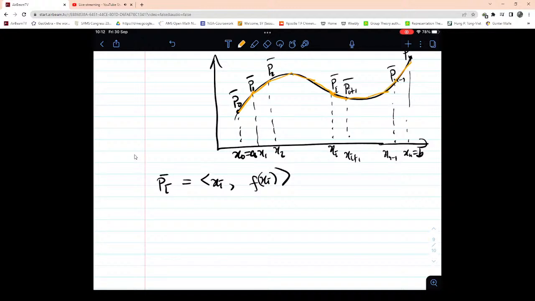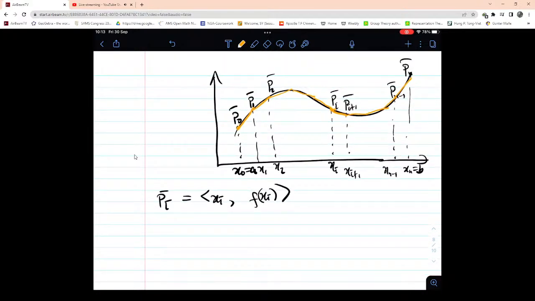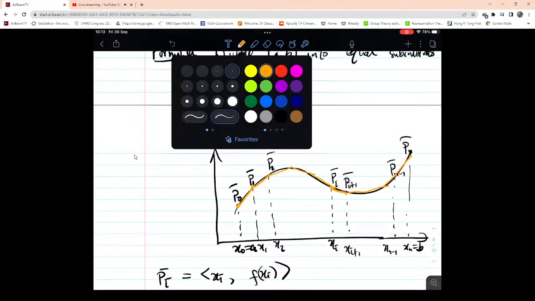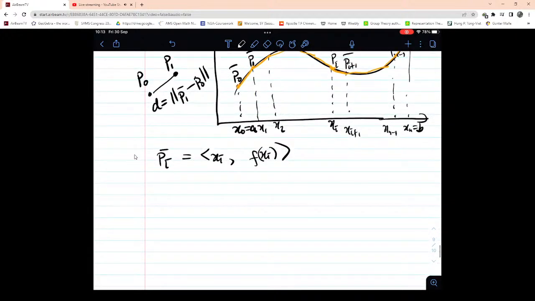The exact value we don't know, but we can estimate using the distance between these points. If you think of P0 to P1, the distance there, if I call it D, will just be the norm of the difference there, and then we get what we need.